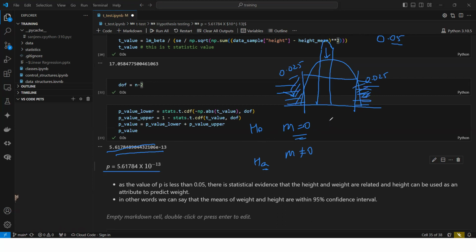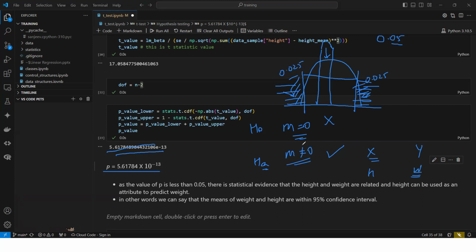That is why you try to reject the null hypothesis and accept the alternate hypothesis. And when you're accepting the alternate hypothesis, you're saying that the slope is not 0, and definitely the x variable can be used to predict y. In this case, I can use height to predict weight. That is what linear regression revolves around.